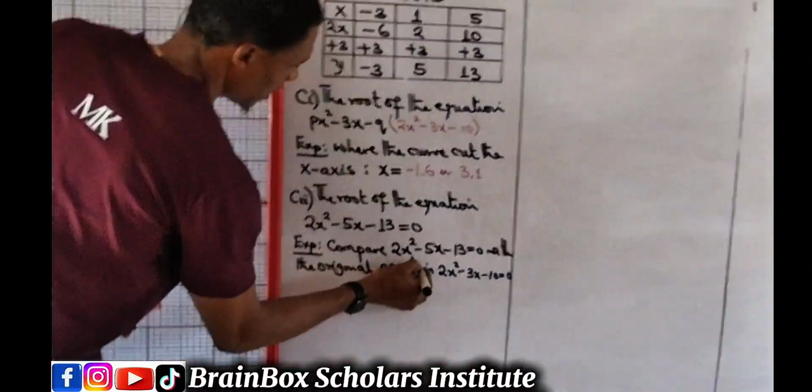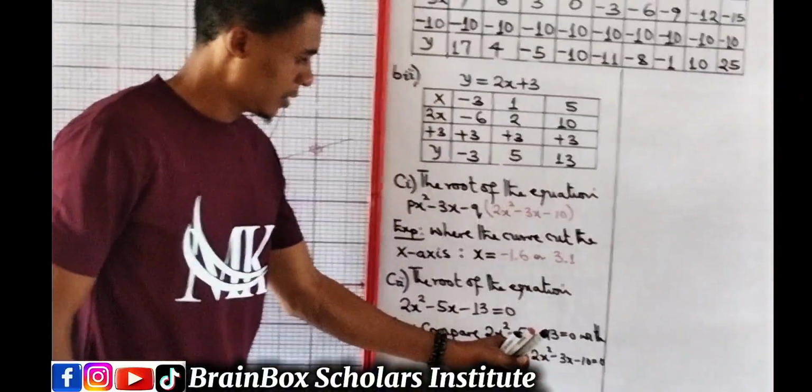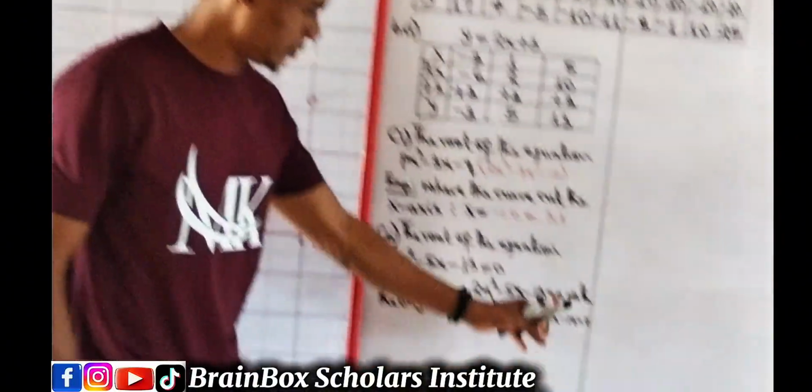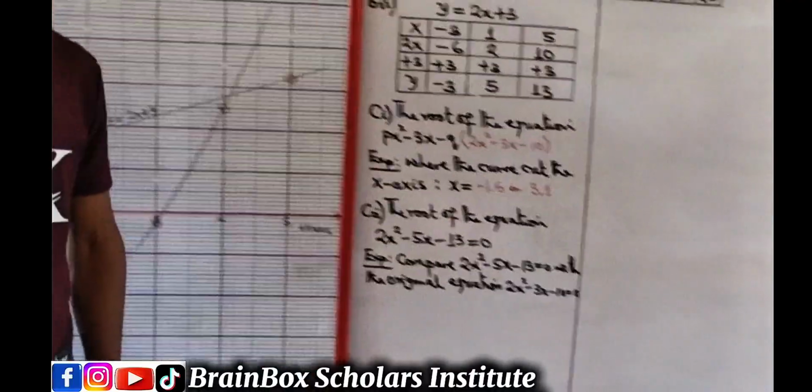So that is the explanation: compare 2x squared minus 5x minus 13 with the original equation. Am I making sense?